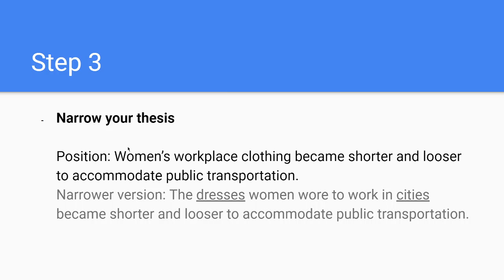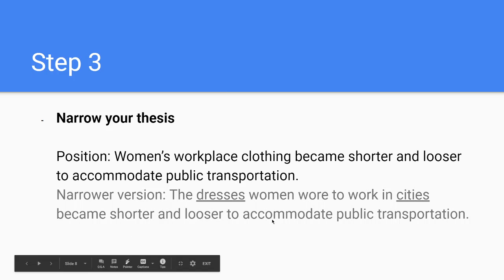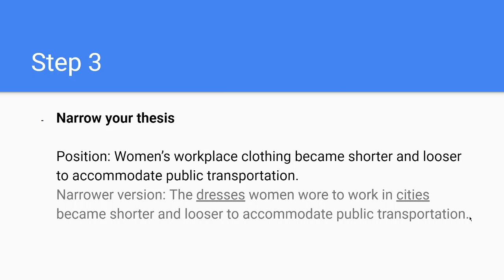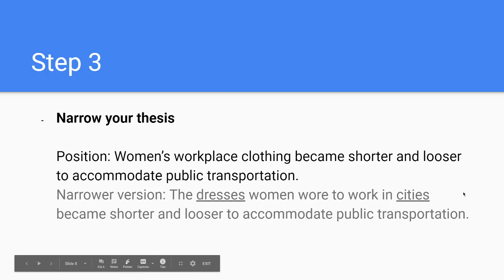So let me give you some examples of how I could narrow down my position here. First, we have: women's workplace clothing became shorter and looser to accommodate public transportation. And then in my narrower version, I've done a couple of things here to make my thesis more specific. I've said the dresses women wore to work in cities became shorter and looser to accommodate public transportation. Now, this is still a little bit broad.